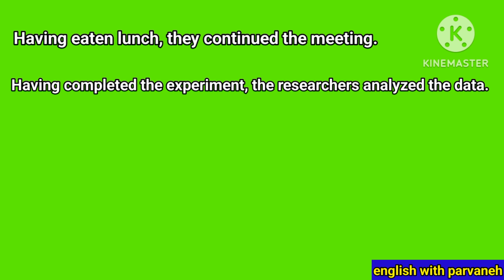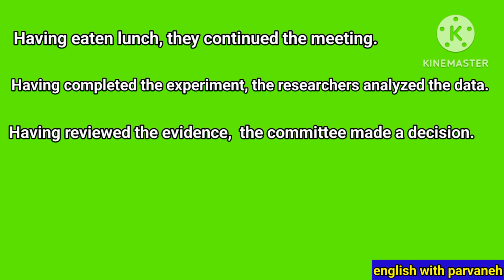So we don't have after in the sentence anymore. We don't have they because we don't want to repeat our subject. We've got subject they and subject the researchers, they are the same. So we delete they as well. We've got having completed. So these two sentences, both of these actions happened in past.